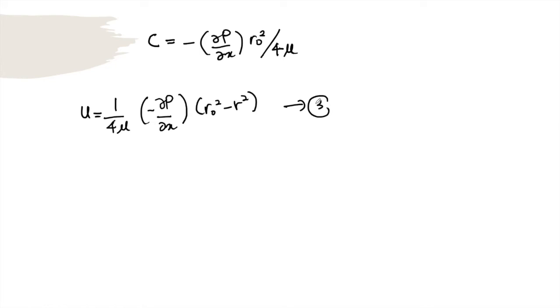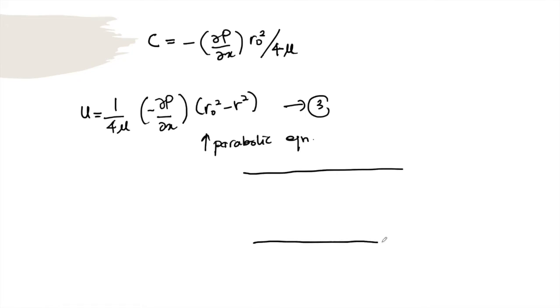Okay, this equation, as we can see here, is a parabolic equation. So we know that when the liquid flows in the pipe, the velocity profile will behave as a parabolic equation.